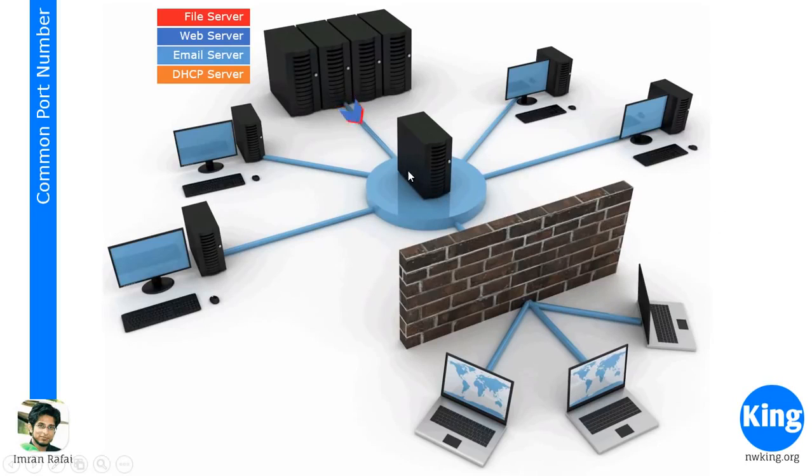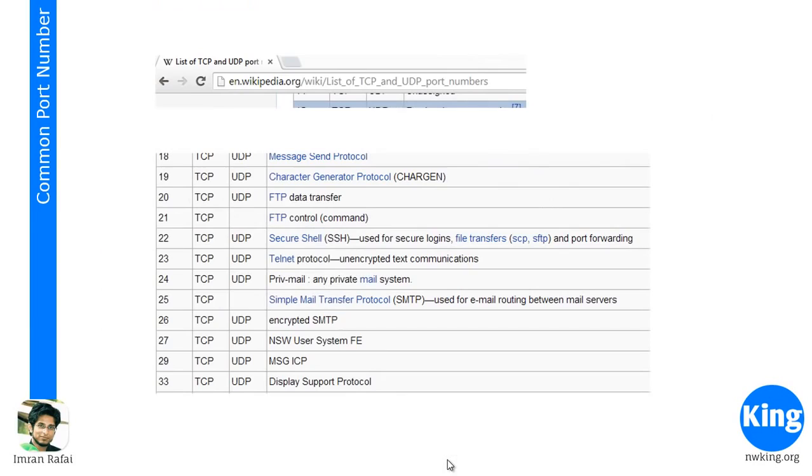Both blue and red go to the same physical server, which has different servers installed on it. Like I said, it's a data center, it's virtualized, so virtual servers. Now how did it know that the red traffic had to return back to this IP address? They know this by making use of port numbers.